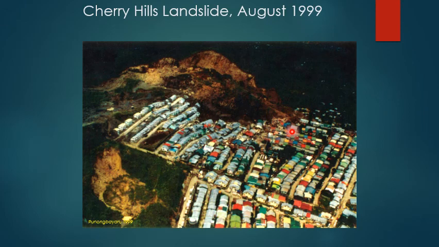On August 3, 1999, a landslide occurred in Cherry Hills subdivision in Antipolo, Rizal province, resulting in the death of 60 people. The landslide is attributed to 33 consecutive days of rainfall caused by a distal typhoon Ising, international name Olga, as the site was being developed for the expansion of the Cherry Hills subdivision.